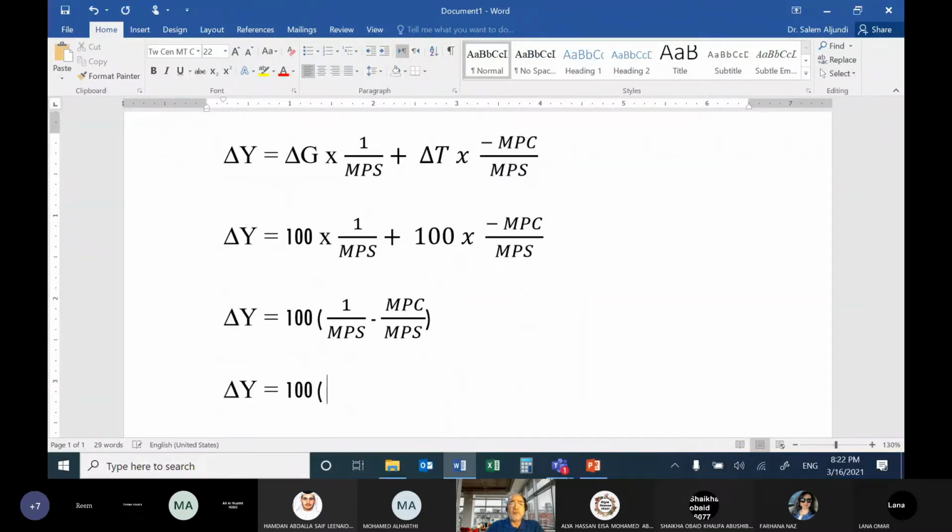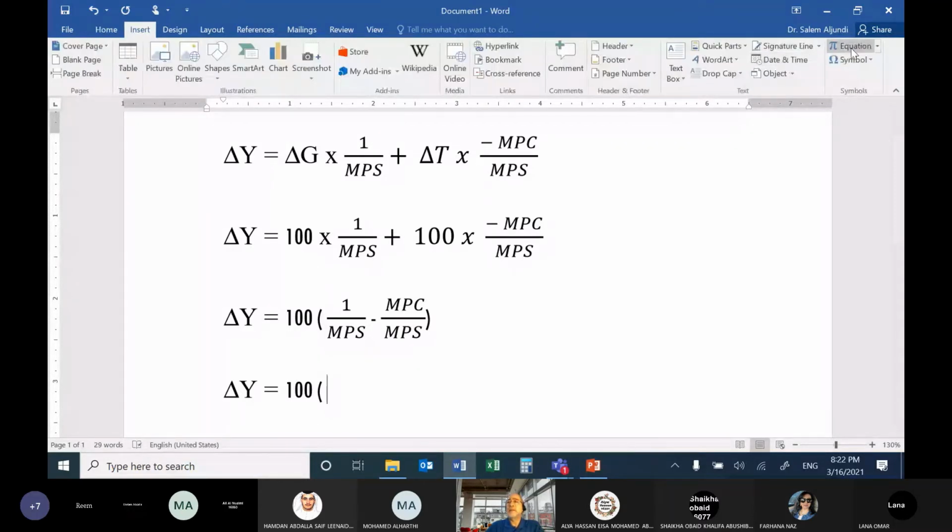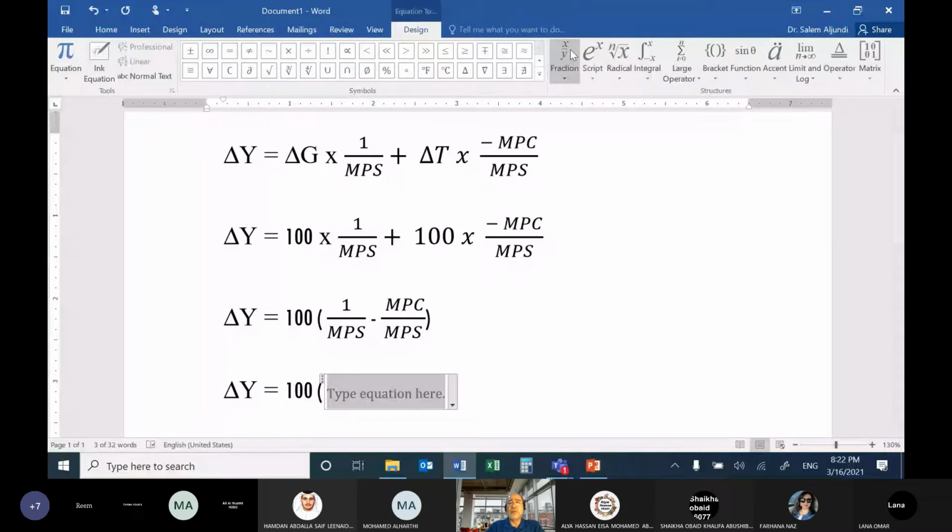So now could you find me the result? Two fractions, can you find the, so here MPS and here it will be 1 minus MPC. Okay, and close the brackets. Can you tell me the result? 100 times 1.